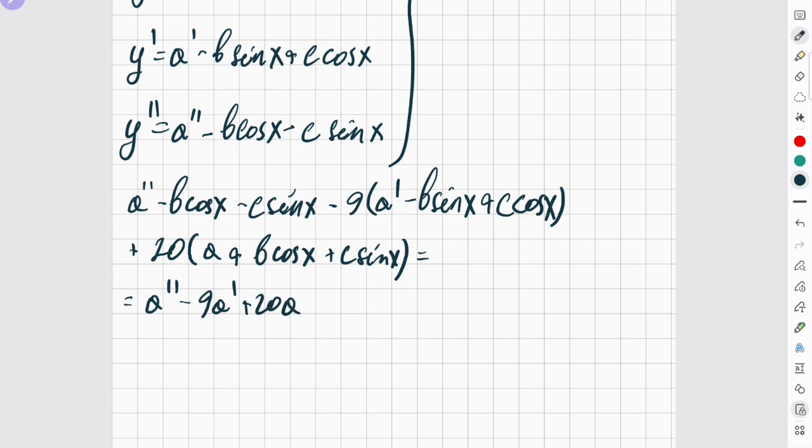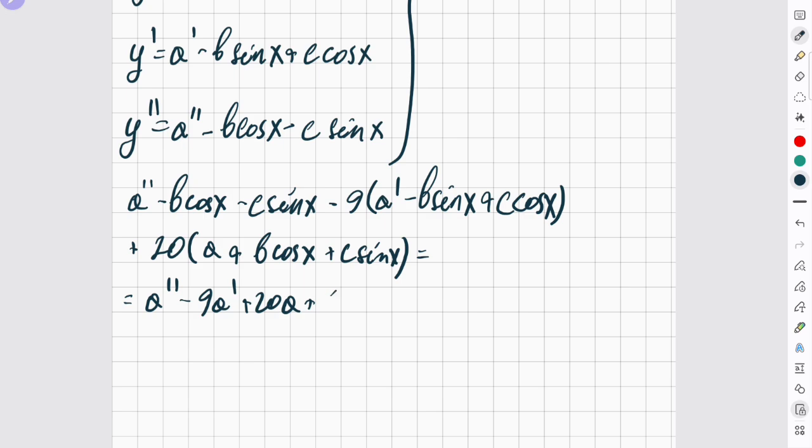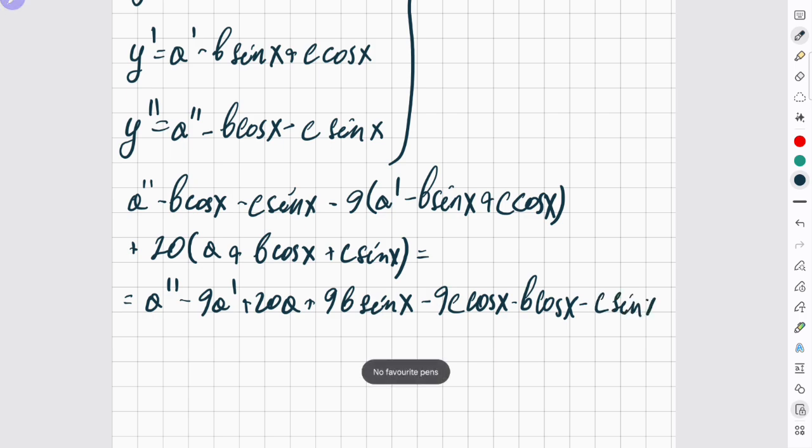Now we will find the expression for sine x and cosine x. Plus we have 9 times b times sine x minus 9c cosine x. Also we have here minus b times minus cosine x minus c times sine x, and also we have 20b cosine x plus 20c sine x.